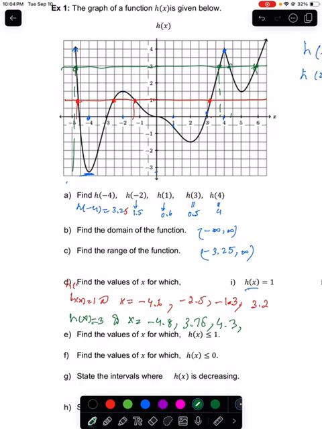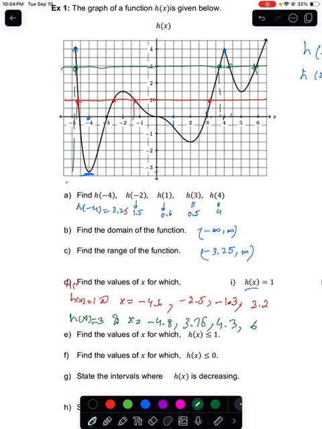The next is saying find the values of x for which h of x is less than or equal to 1. So now this we already have a line drawn at y is equal to 1. So now we have to look for the values of x for which the graph is below the line y is equal to 1.